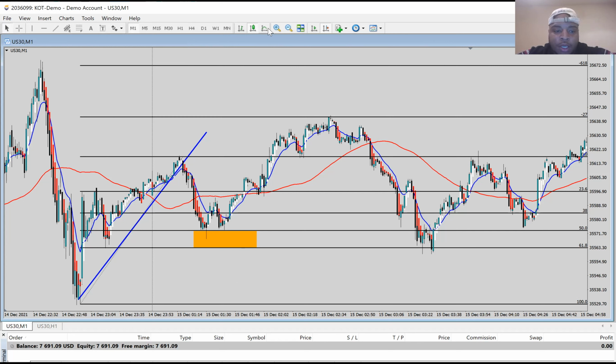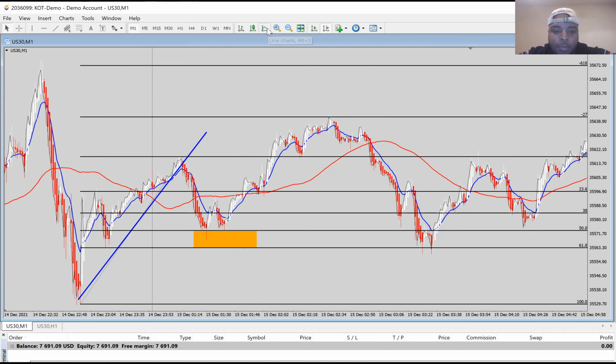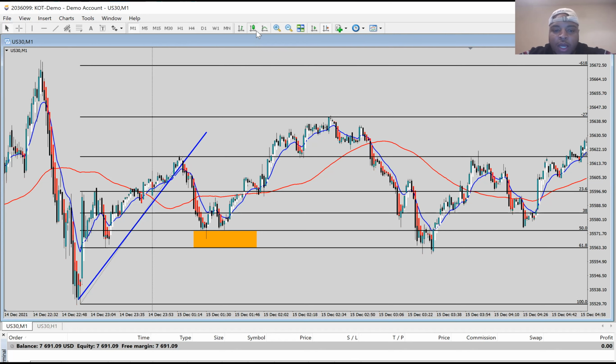If I turn off my candlesticks, look at this. It shows you the direction of where the market wants to go. It's not a candlestick. It's basically the amount of money and the pressure from the bigger banks who are institutional. It shows you their movements and what is going on money-wise, basically.